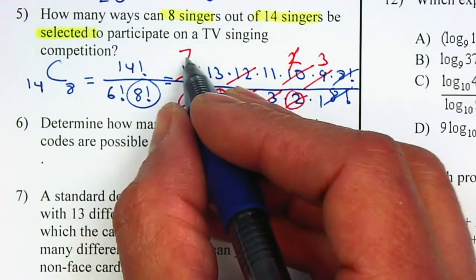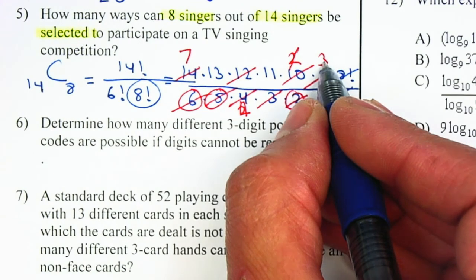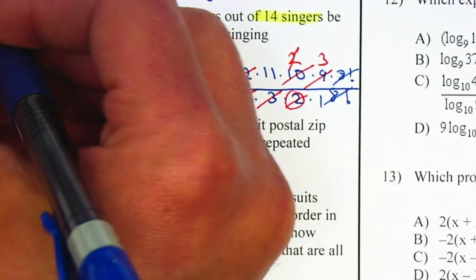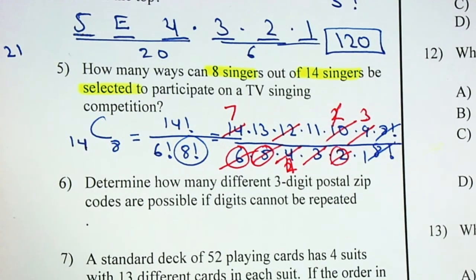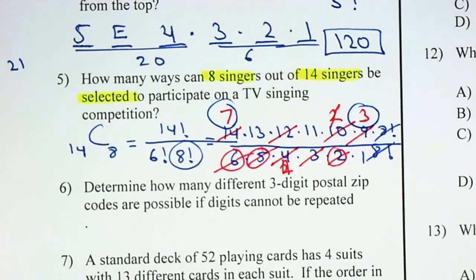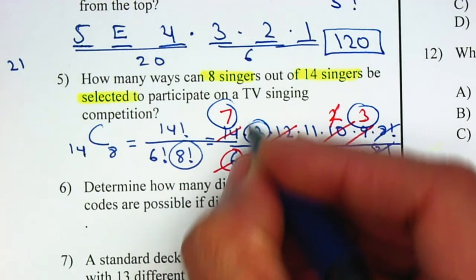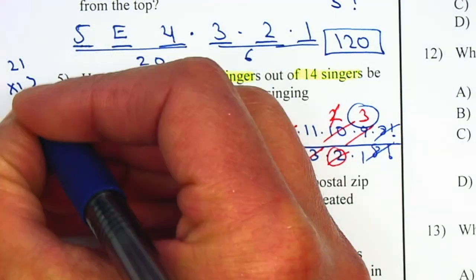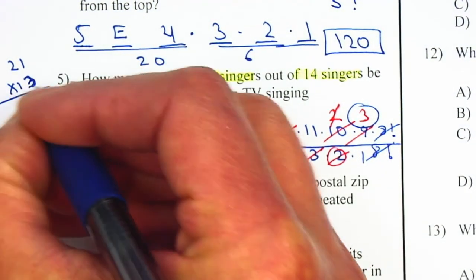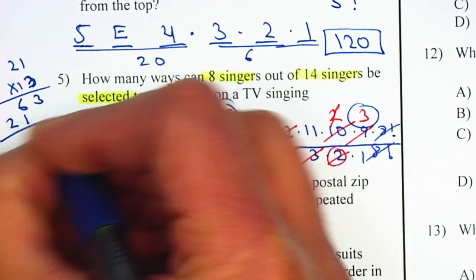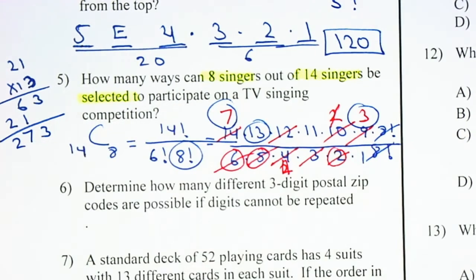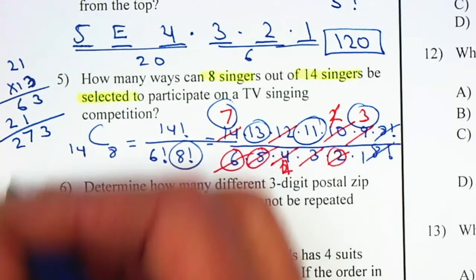So let's multiply 7 times 3 is 21. I'll do it on the side. I'll multiply the 7 and the 3, that's 21. I'm going to multiply by the 13. Times 13, that's 3, that's 6, that's 1, that's 2. 3, 7, 2. Now I'm going to multiply by the 11.